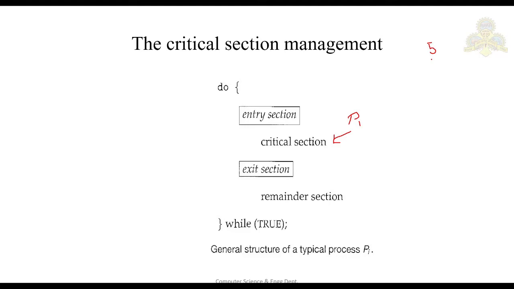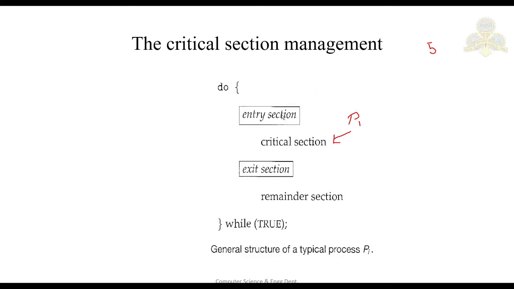A discussion has to be made among these five processes, so that one process is chosen and allowed to enter the critical section. The entry section is the part of the code that has the actual code for the request made by the process. Each process must request permission to enter its critical section. This entry section is the part of the code which implements the request to the critical section.